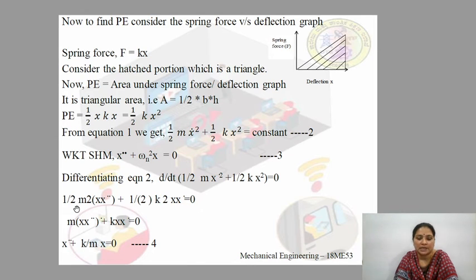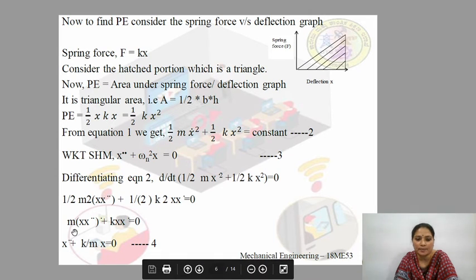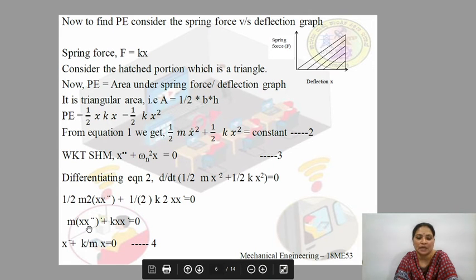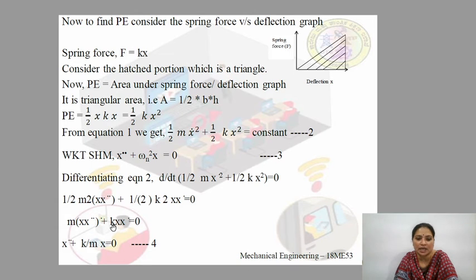Now, taking out the similar terms, we get m x double dot. Here 1 by 2 and 2 cancel. Here also 1 by 2 and 2 cancel. So we are left with m x double dot plus k x x dot is equal to 0.